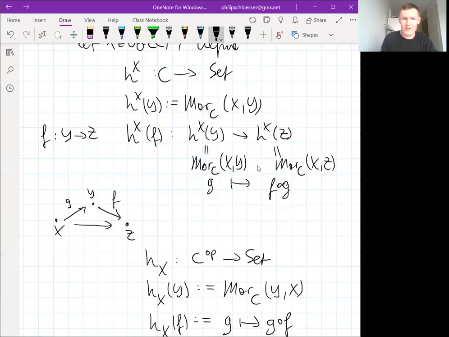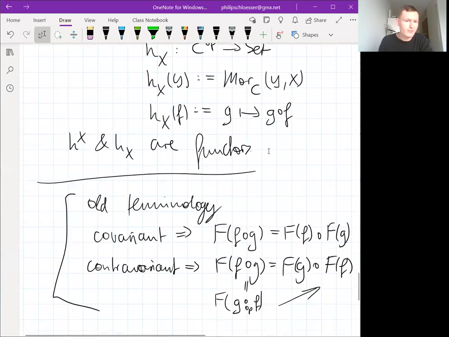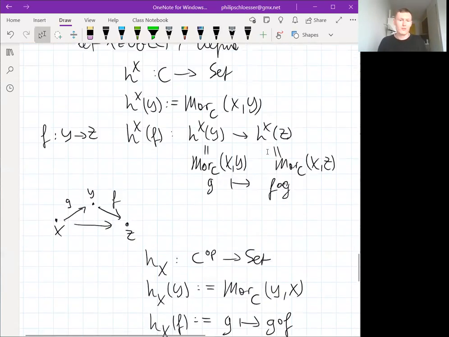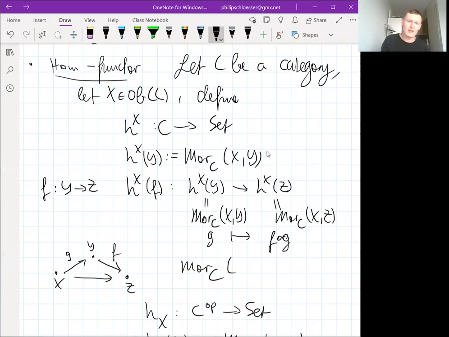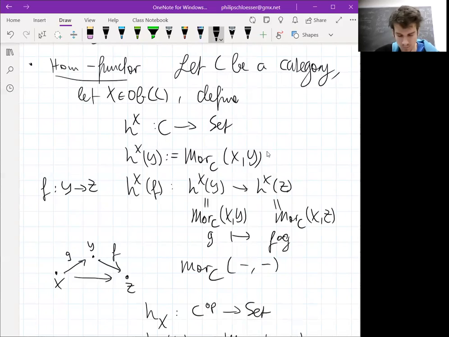Namely, we can completely describe x by h upstairs x, or by the morphisms that go to it, meaning we can completely describe x by h downstairs x. That's basically everything. And also meaning that this hom thing I introduced is indeed a functor in its first argument and a functor in its second argument.